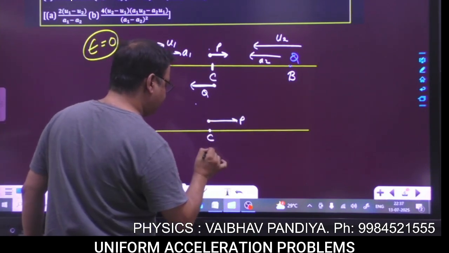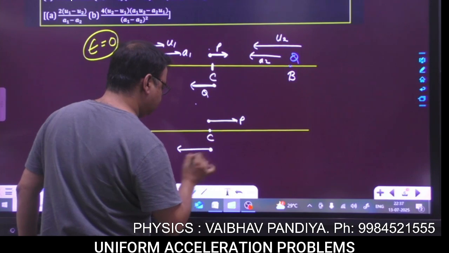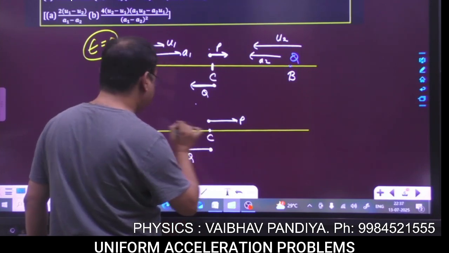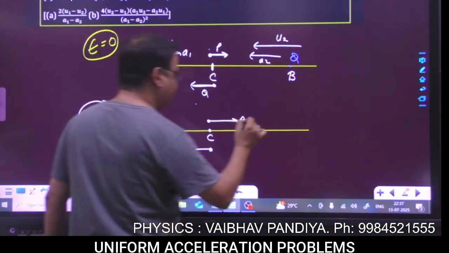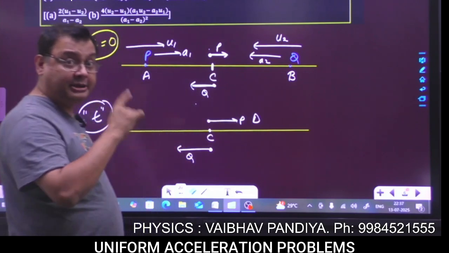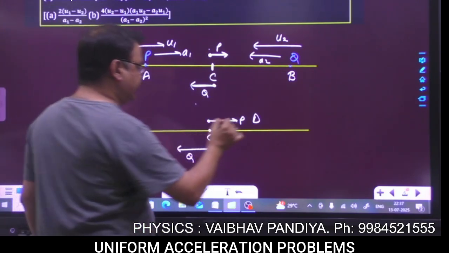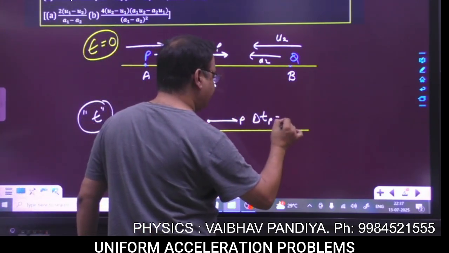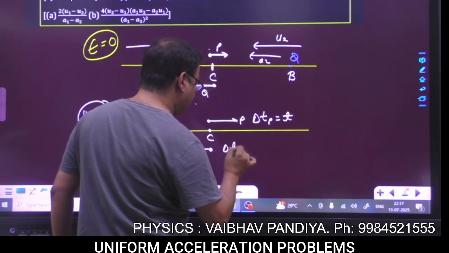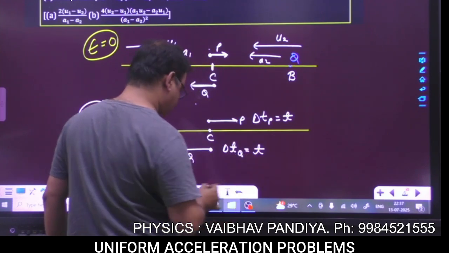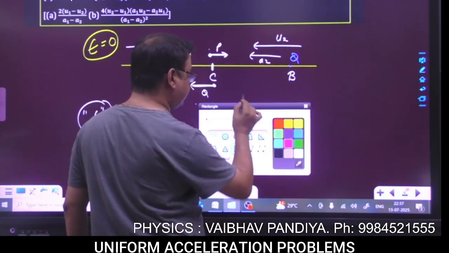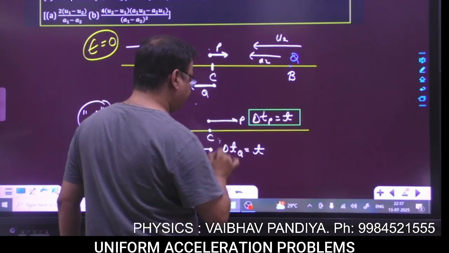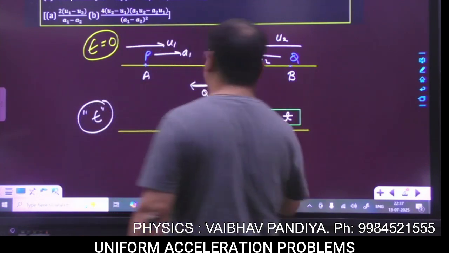Since both have started simultaneously at t0, the time of travel for P is t and the time of travel for Q will be t as well, correct? Because both the particles have started from their respective points at t0, so there is no difference in the time of travel.